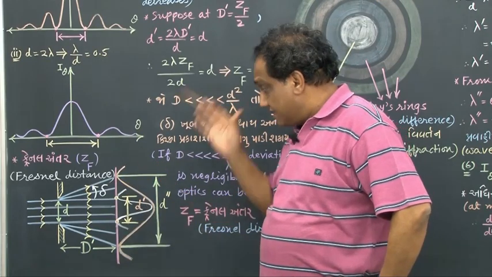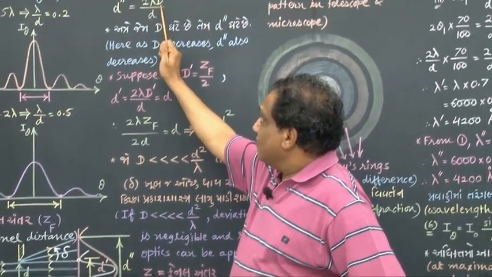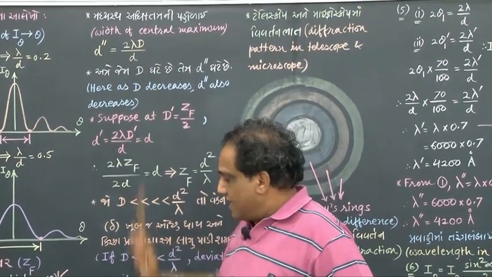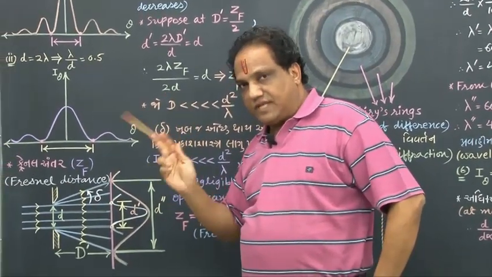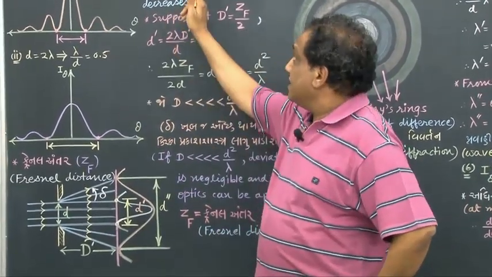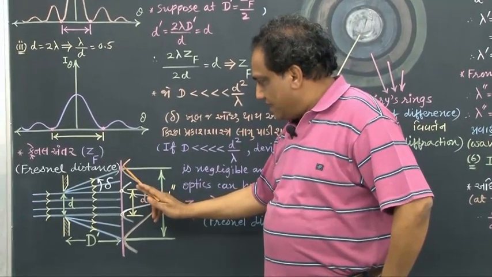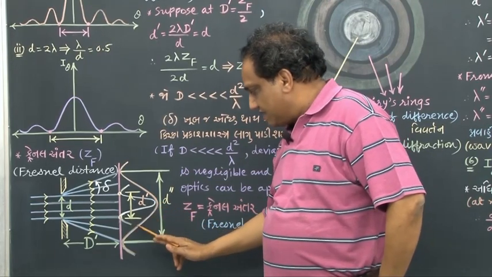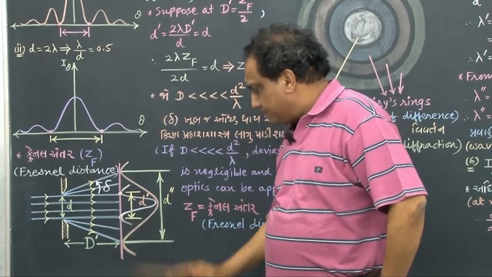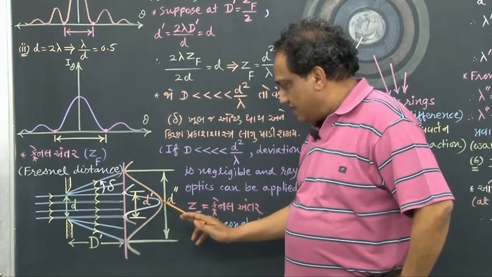This screen is here at distance capital D from the slit. And when the slit and screen are separated by distance capital D, at that time, suppose the graph of intensity of light versus angle of diffraction is this. When this is the graph, look here, this is the graph.